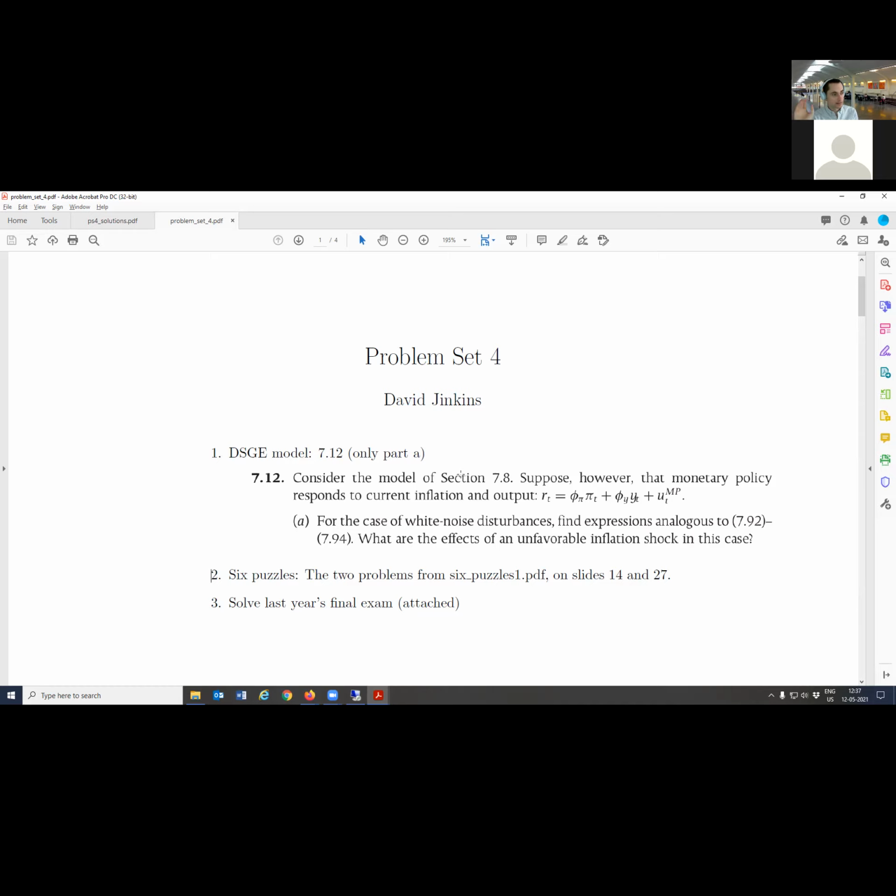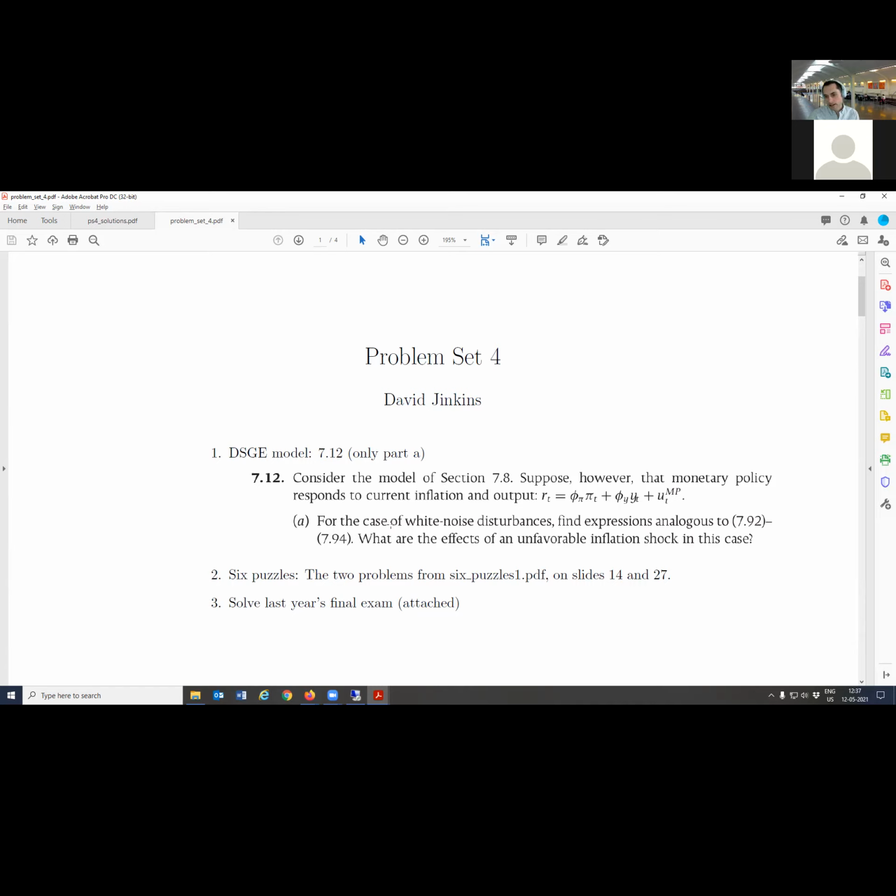So the interest rate was set with the expectation of inflation in the next period, pi t plus 1, then the expectation of output in the next period. Now we can make a different assumption. It's not going to be expectation. It's going to be the actual outcome today, at time t.